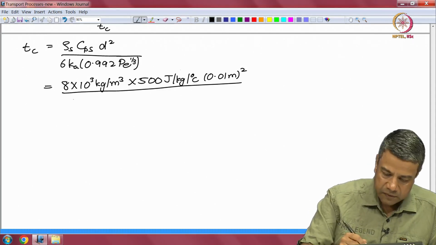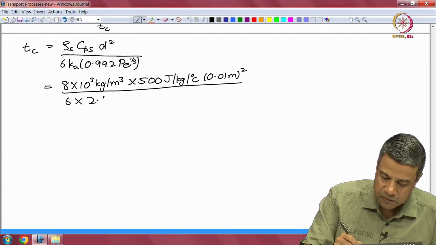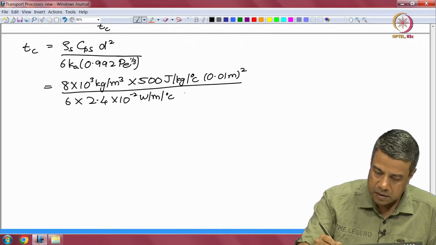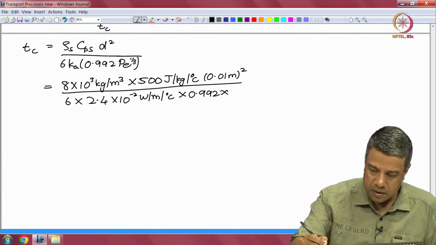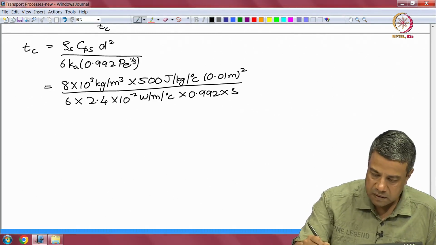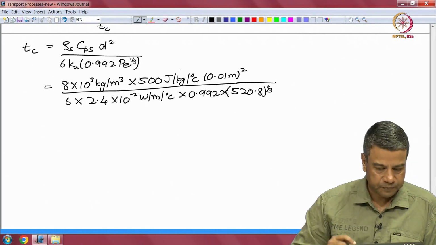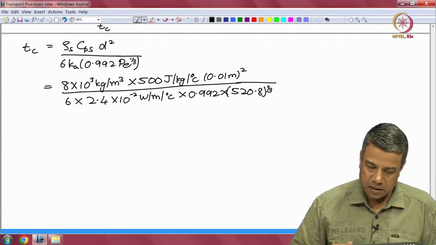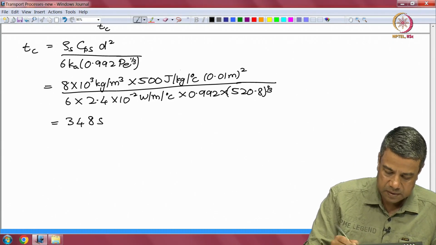Divided by 6 into thermal conductivity of air was 2.4 into 10 power minus 2 watts per meter per degree centigrade, into 0.992 into Peclet number, 520.8 whole power 1/3. And you can work out this calculation, and the final result comes out to be 348 seconds.